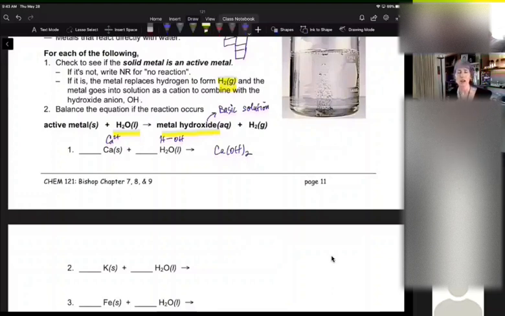Neutral ionic compound with 2 hydroxides for every 1 calcium. And then H2 gas. So you can think of water as that H with the OH. We've got 2 hydroxides and 2 H's. So we're going to need 2 waters. And that's it. Then it's balanced.